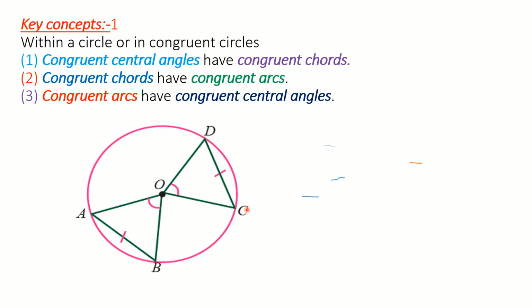If DC is congruent to AB, then arc DC is also congruent to arc AB. Congruent arcs have congruent central angles, which means if arc DC is congruent to arc AB, the central angle AOB is congruent to DOC.